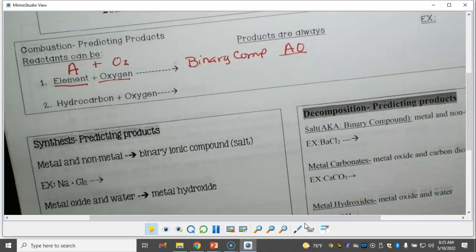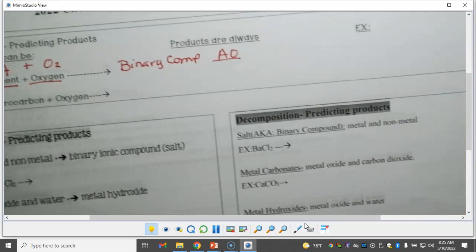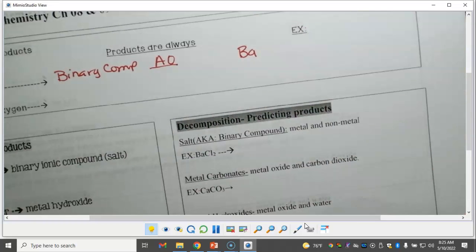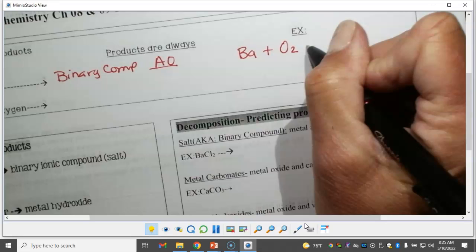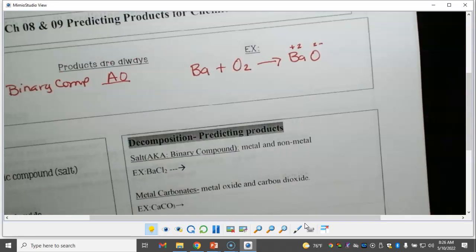An example might be barium plus oxygen will give you barium oxide. Now you always have to check your oxidation numbers and make sure that your formula is correct. And it is.